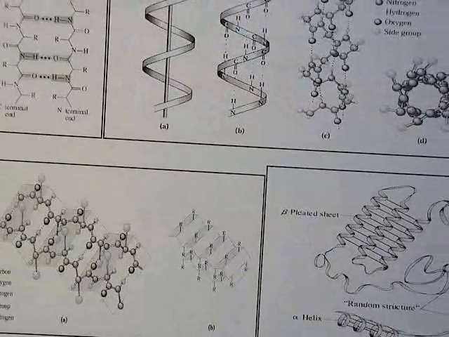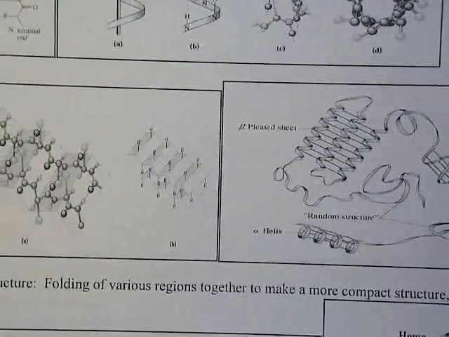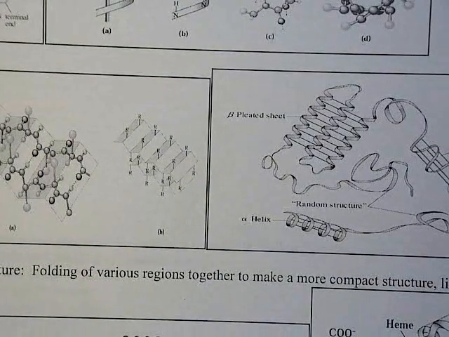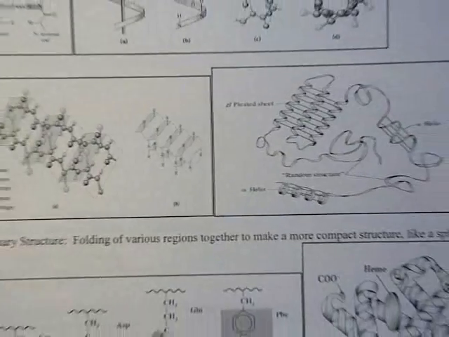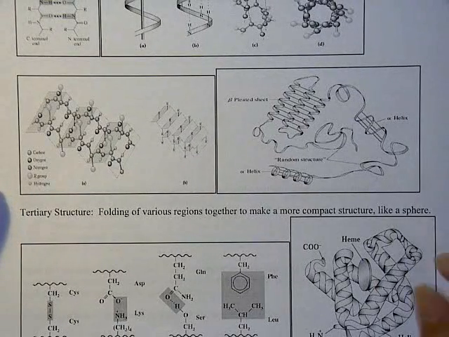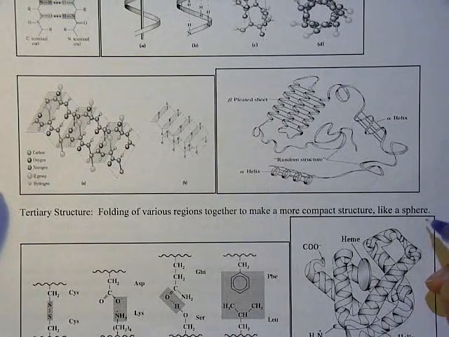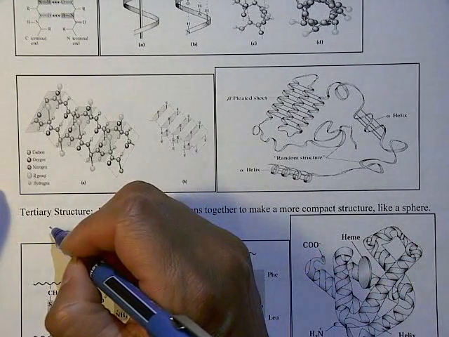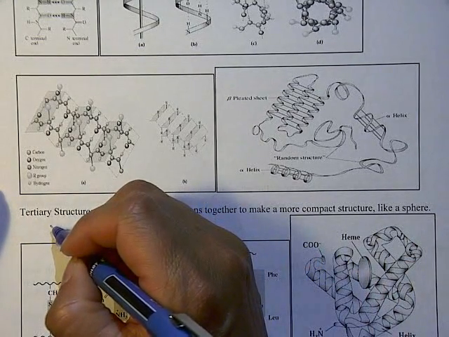So the tertiary structure is more like the folding of the various regions together to make a more compact structure, like a sphere or a linear, more stronger structure. So this interaction is caused by the side chain groups.